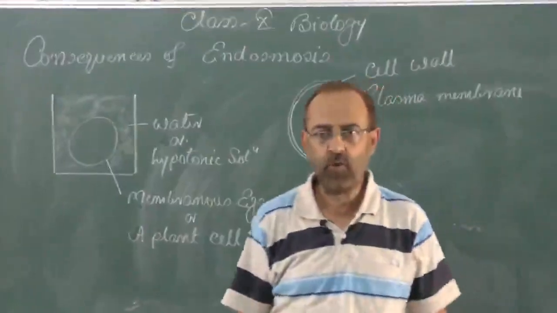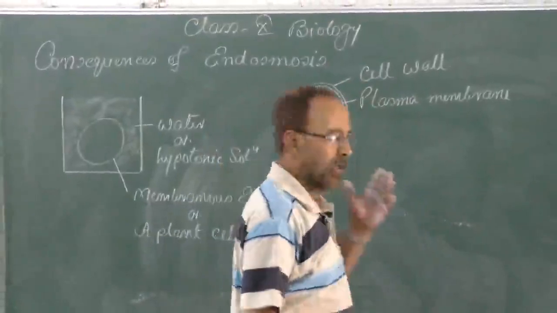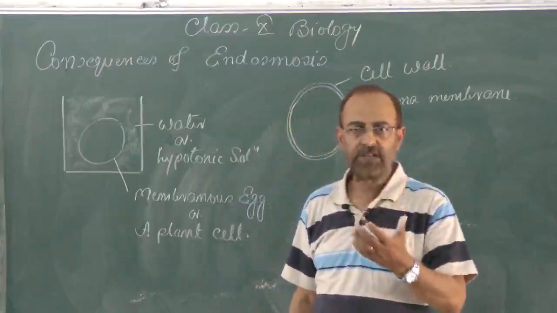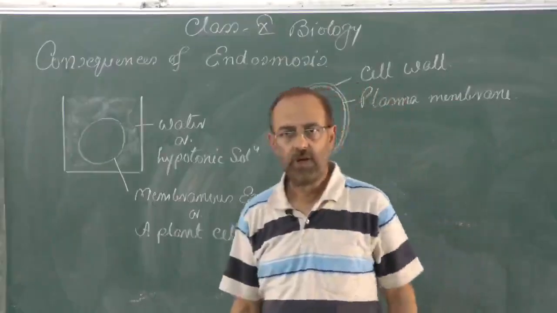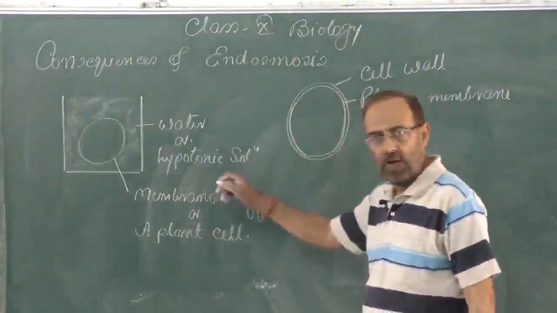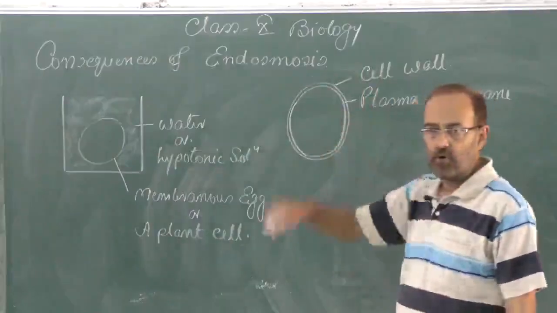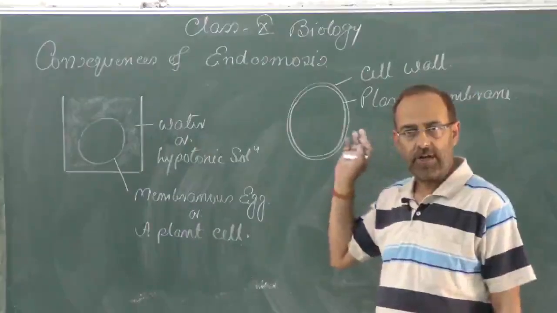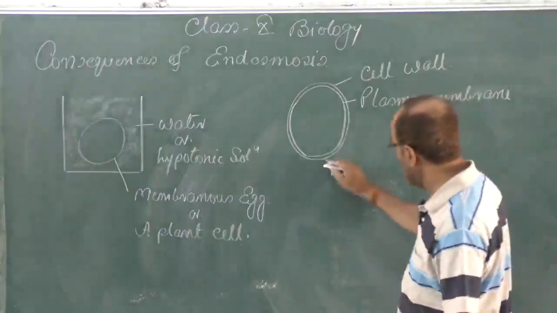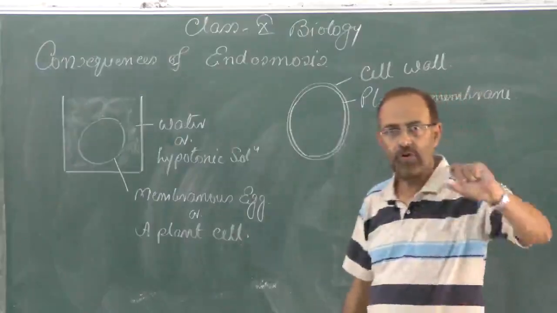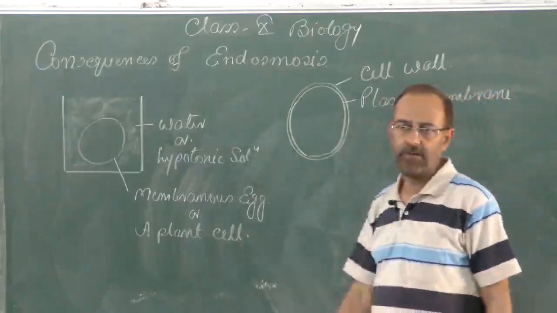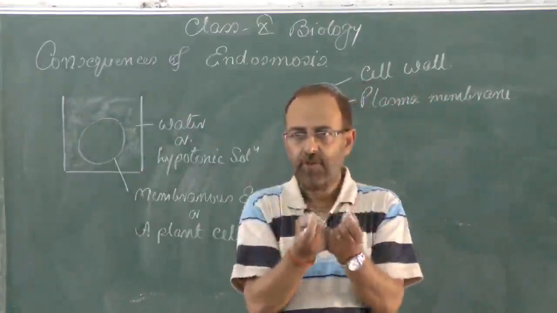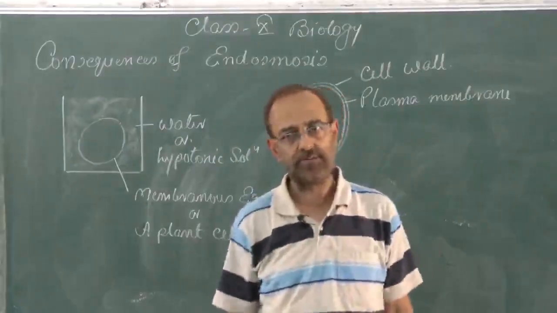One thing more which is very important here, that if you observe a healthy plant cell under microscope, high power microscope, clear, you can easily see the cell wall and you can easily see the protoplasm surrounded by the plasma membrane. Okay? And in a healthy plant cell, there is always a narrow gap between the cell wall and the plasma membrane. Clear? Under high power microscope, a definite gap between the cell wall and the plasma membrane is seen.